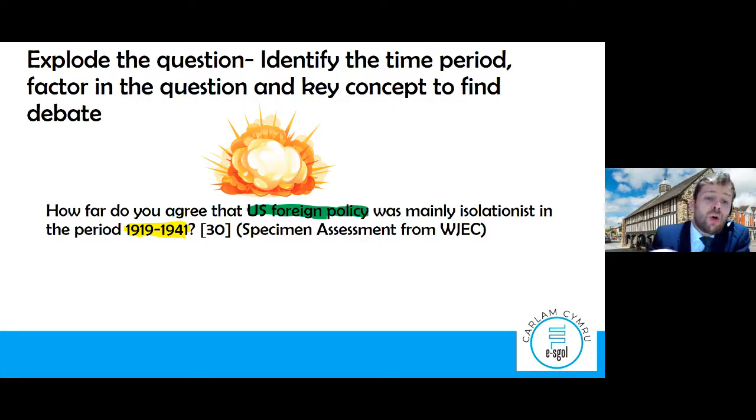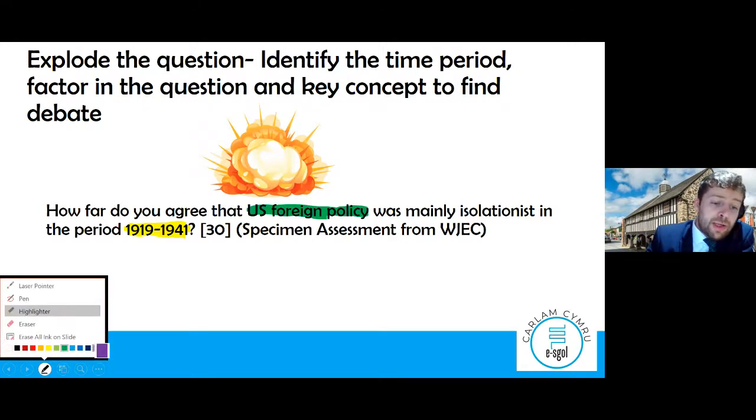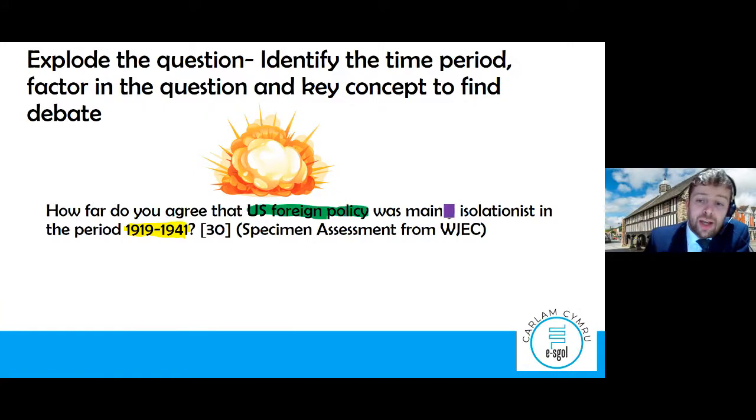But because this whole theme is about foreign policy, and it asks you specifically about foreign policy, then you'd just be discussing foreign policy. You wouldn't be discussing economic policy during this essay. And then the debate is, how far was it mainly isolationist? Mainly isolationist.